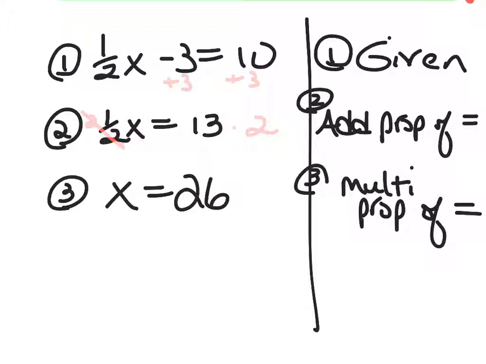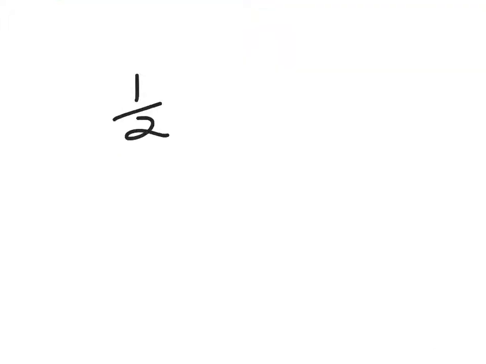Okay, so what we're really doing when you have that fraction next to a letter, so basically at this step, you could have said division property, but you would have shown divide by 1/2. So yes, you could have done your proof that way, absolutely. All right, so right here, 1/2 x equals 13.